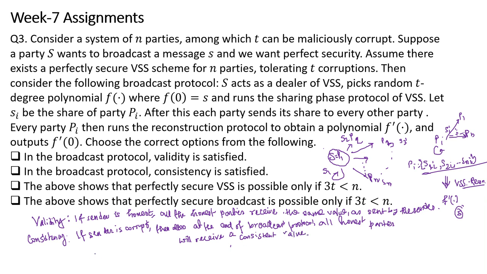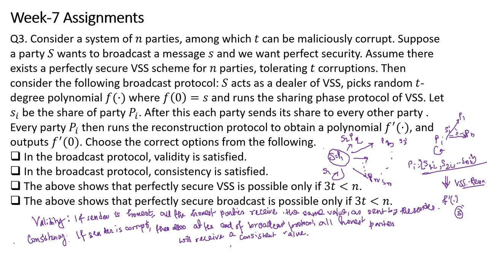They may not receive the value S that was sent by the sender. In fact, if the sender is corrupt, it will not send identical copies of the same value to all the parties. It chooses to send different values to different parties, but still at the end of the protocol, all the honest parties should be on the same page. All of them should have the same value at their end.